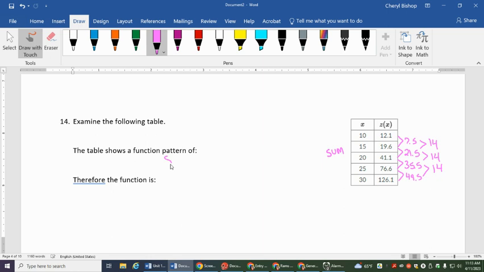So we have a pattern of sum and second constant difference, which means this function is quadratic. Questions on 14.